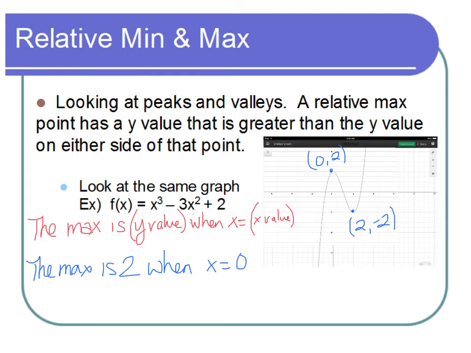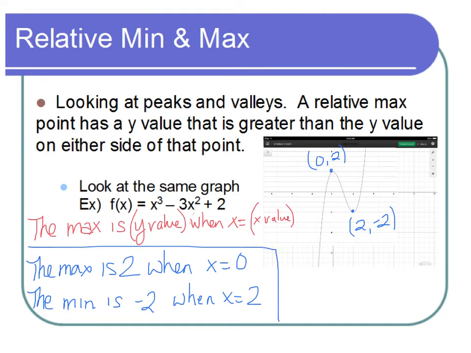You would really explain what's going on in the problem. I'd also do the min the same way. I'd say the min is, and I put the y value, which is -2, when x is equal to 2. I want you to recognize that the min and the max is actually the y value, and I want you to understand what it means in a problem. So make note of this. I'm kind of picky about the min and max.